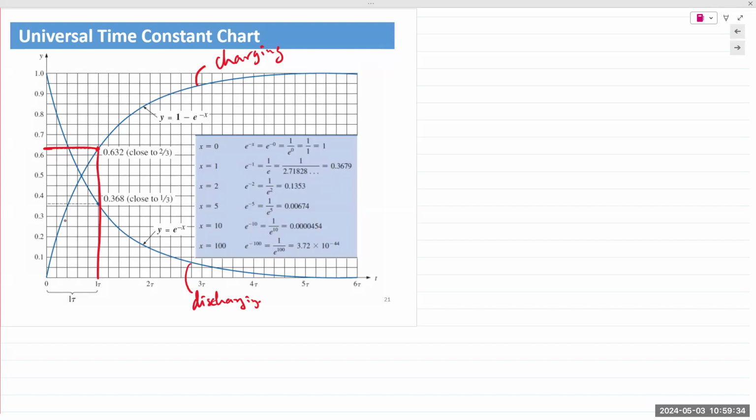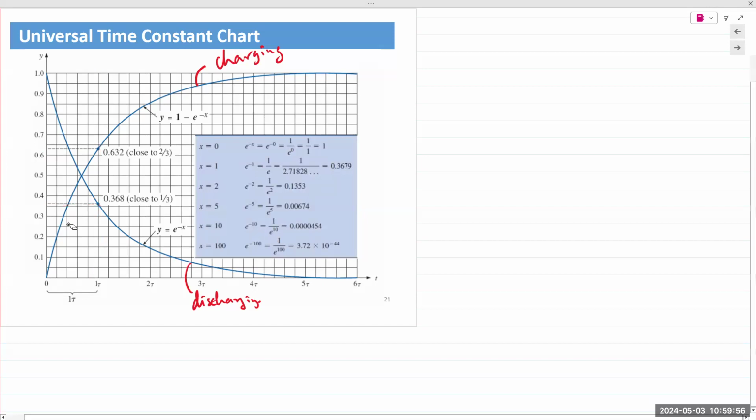Exponential, right? There's an initial burst, and then it slowly flattens out. Discharging, exactly the same thing happens. It loses more than 60% of its charge after the first time constant. So it's a drastic drop, and then it flattens out towards 0. And that's what that equation signifies.